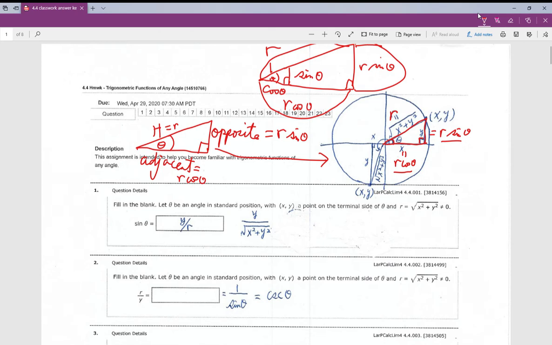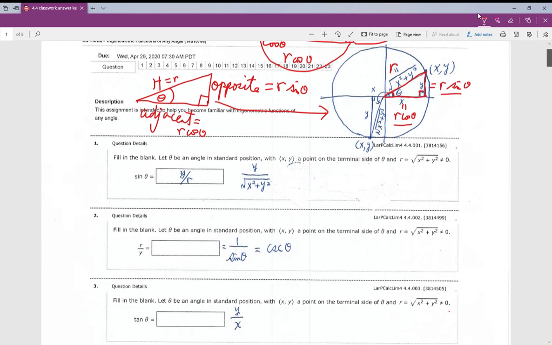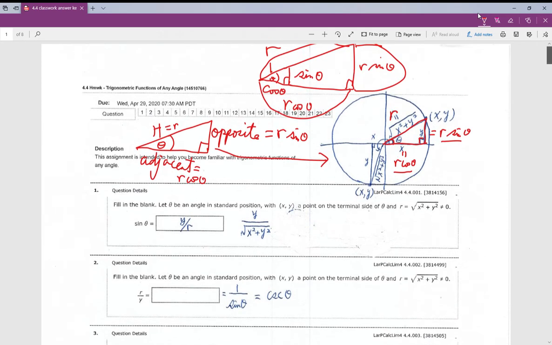Okay. So right now we want to do some practice with sine theta and y. And again, if you have r sine theta equals y, divided by r, sine theta will be y over r.